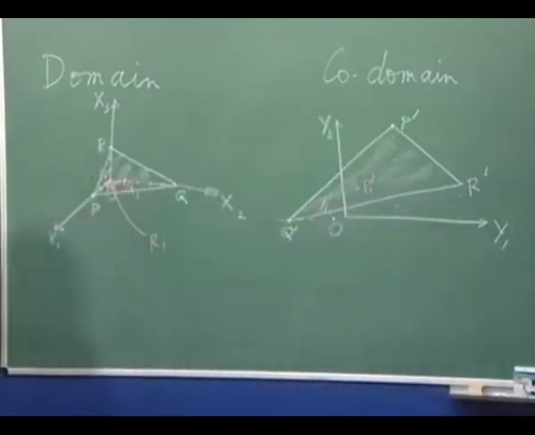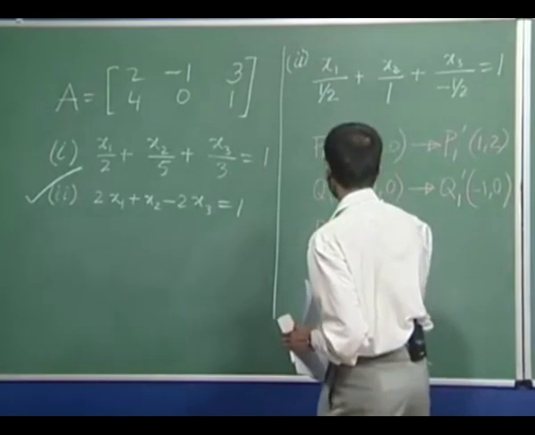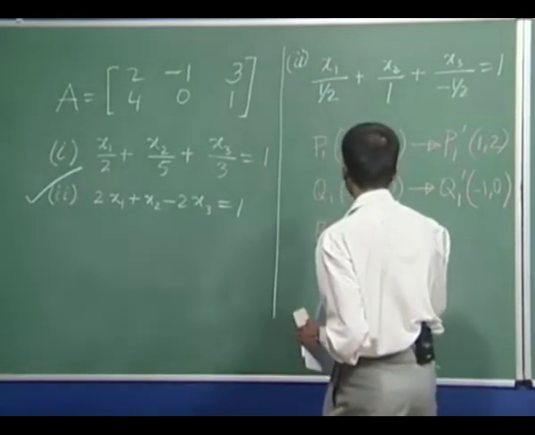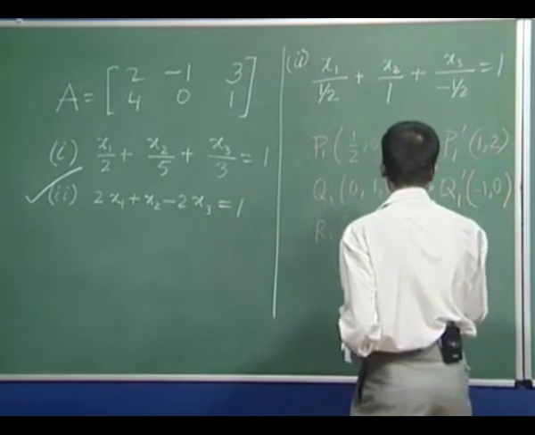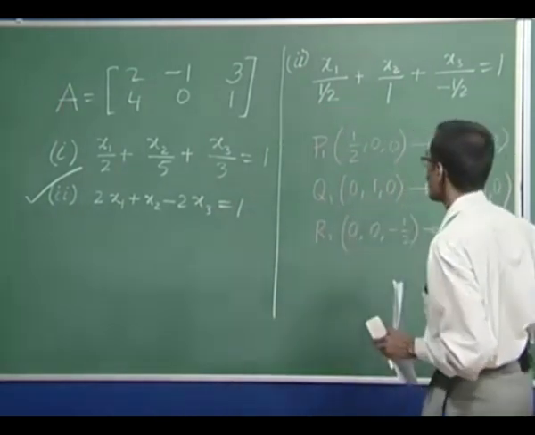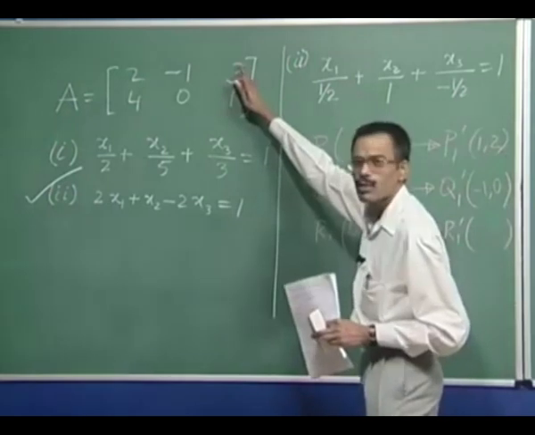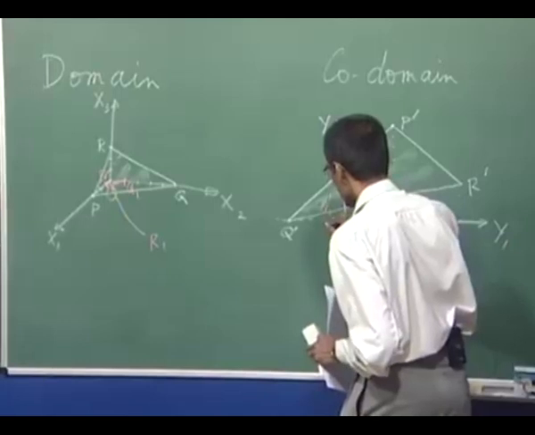Finally, the third point, that is at minus half, will be mapped at minus 3 by 2, minus 1 by 2. So, let us map this minus 3 by 2, minus 1 by 2 here.